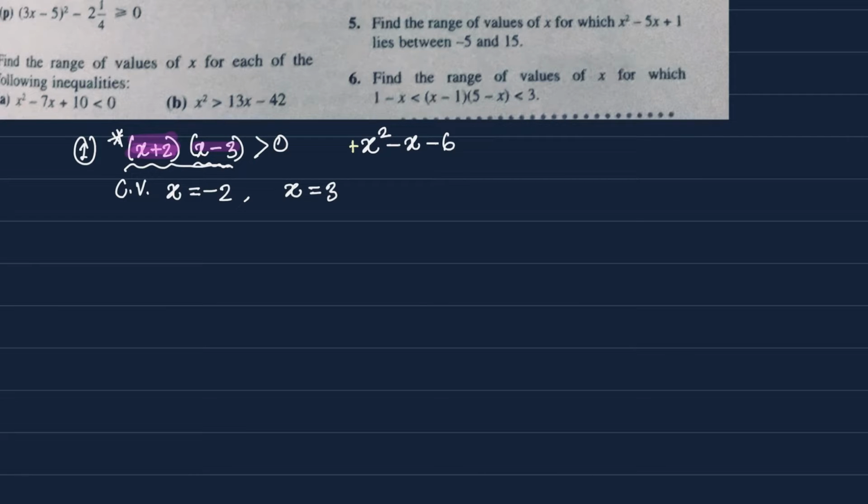Absence of any number indicates there is 1 as a coefficient. So the coefficient of x squared is positive, so this will be a U-shaped graph, and it will cut the x-axis in 2 points. One is negative 2 and one is 3, as shown by the critical values.